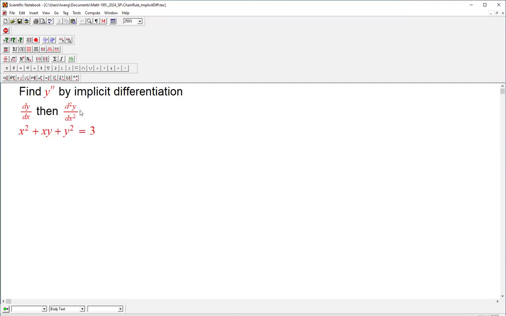Okay, so first, of course, this means y prime, and this means y double prime. I wish you guys to see these notations as often as possible and use them as often as possible so that you can feel very familiar with them.